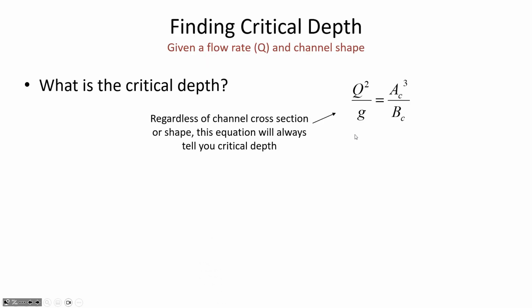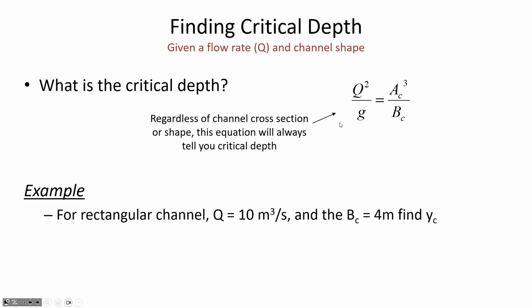Just rearranging that algebraically gives us this expression. And regardless of whether it's rectangular, trapezoidal, semicircular or triangular, whatever the channel cross-section looks like, you could use this to calculate the critical depth. There's a shortcut I'll show you in a few minutes that only applies when you've got a rectangular channel. This is the equation that will never lead you astray. It'll always give you the correct depth.